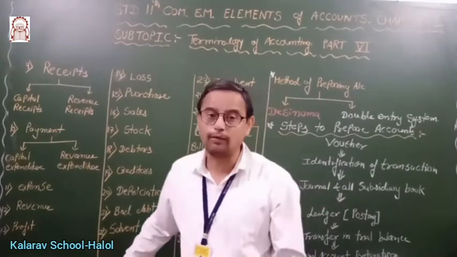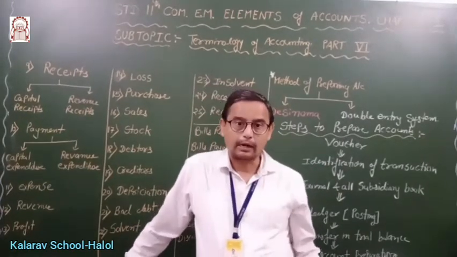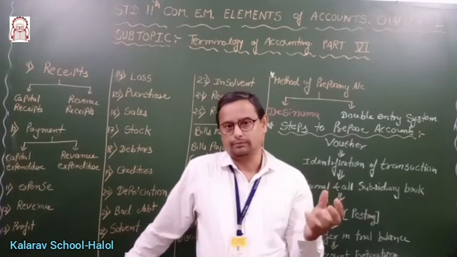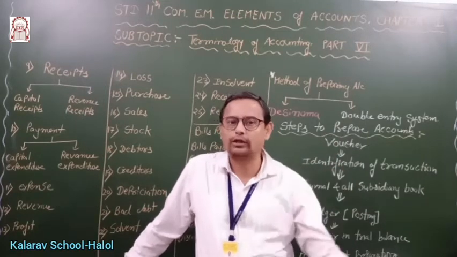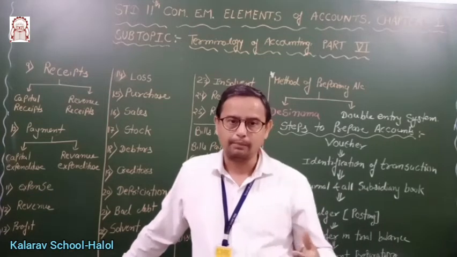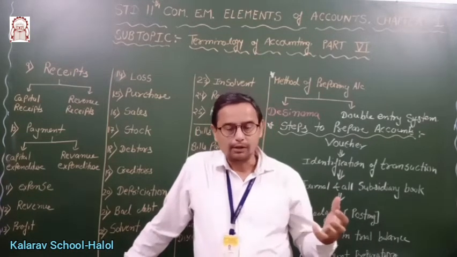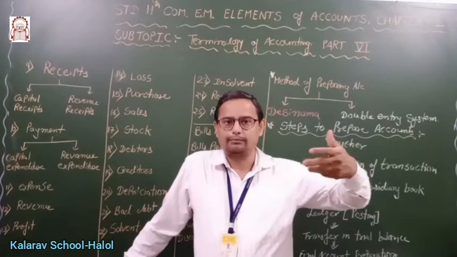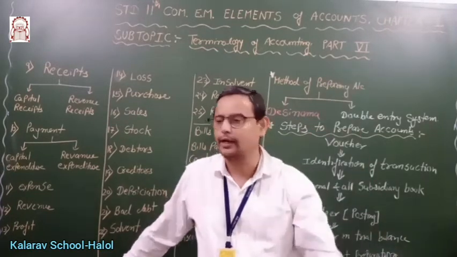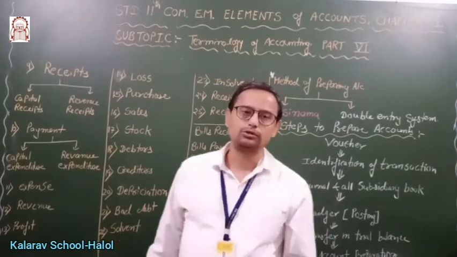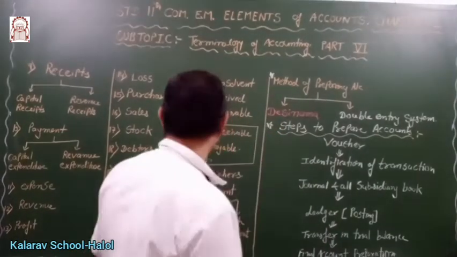Next, solvent. When you have the capability to pay the dues of another, or you can say your assets are more than your liability. आपकी लेनदारी अच्छी है और देनदारी कम है, यानी आपको किसी को कम चुकाना है, then that situation is called the solvent. उसको हम लोग solvent बोलते हैं.